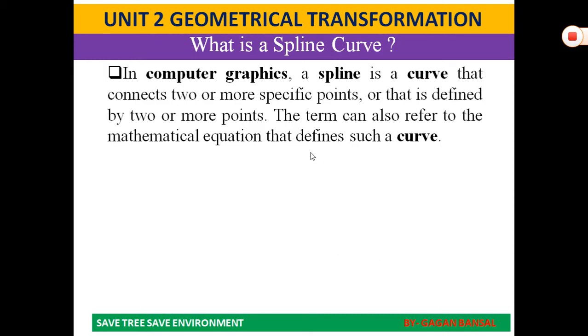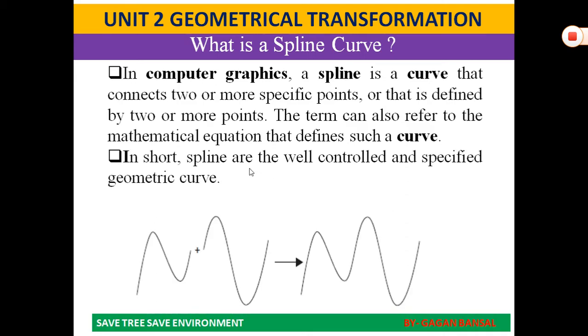Control points we'll be discussing very soon in the next slide. So spline is basically a well defined and structured curve which has all the predefined equations, properties, control points, data, and its orientation, its inclination, everything. So we can say that in short, splines are the well controlled and specified geometric curve.